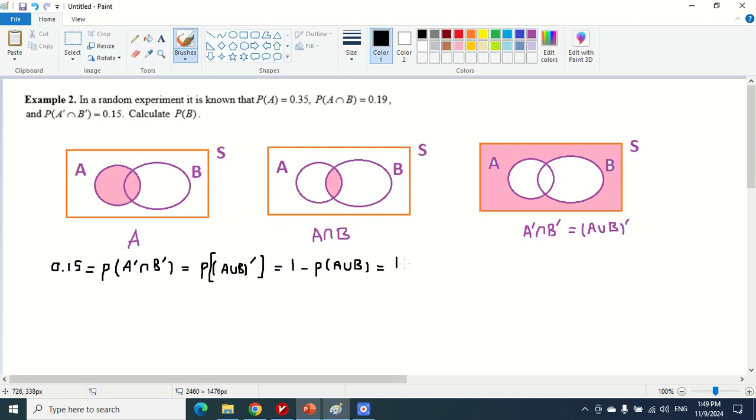If you remember, the probability of the union of two sets is equal to the probability of the first one, plus the probability of the second one, minus the probability of their intersection.